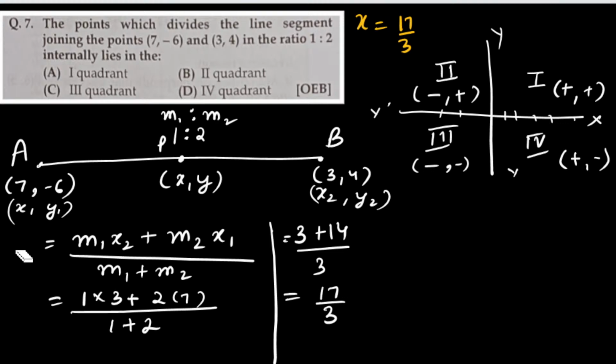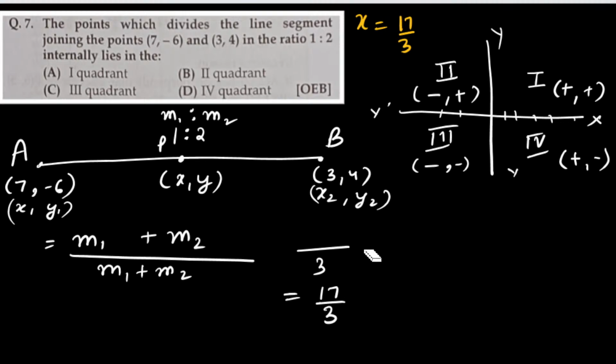Let's now find the y coordinate using the y coordinate formula. So y is equal to m1 y2 plus m2 y1. Again 1 goes with 2 always: if m1 then y2, if m2 then y1. The remaining everything is the same, divided by m1 plus m2.